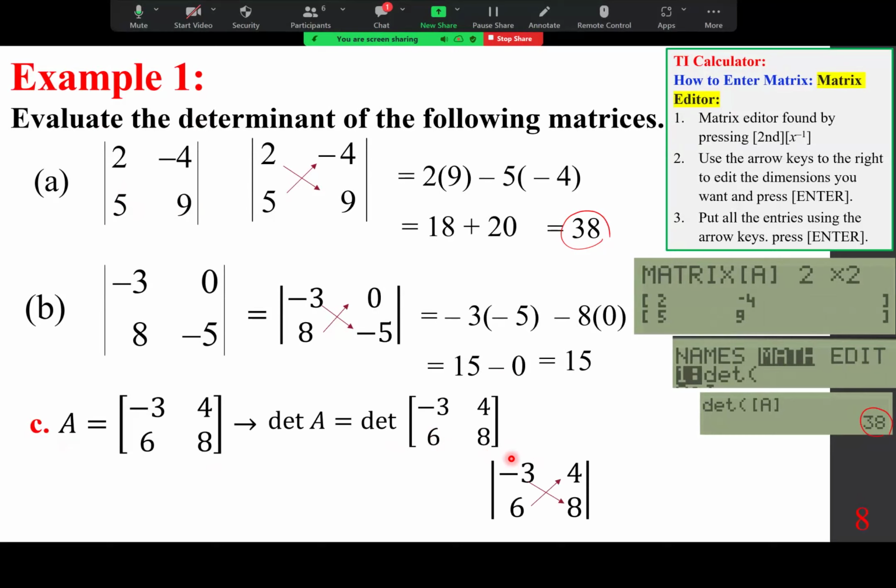The product of these two minus 3 times 8. And the product of these two, 6 times 4, minus that, and that's negative 48. Minus 24.